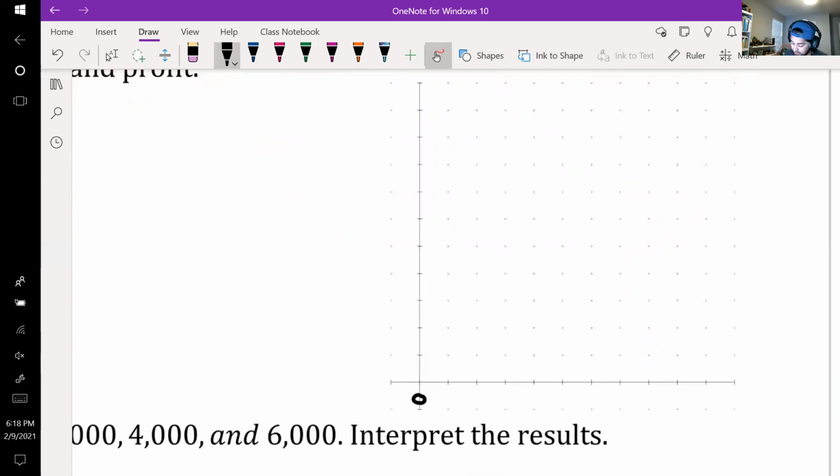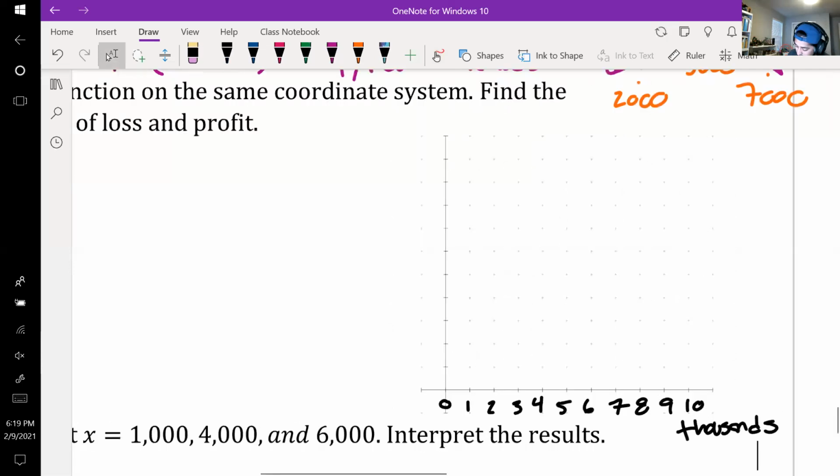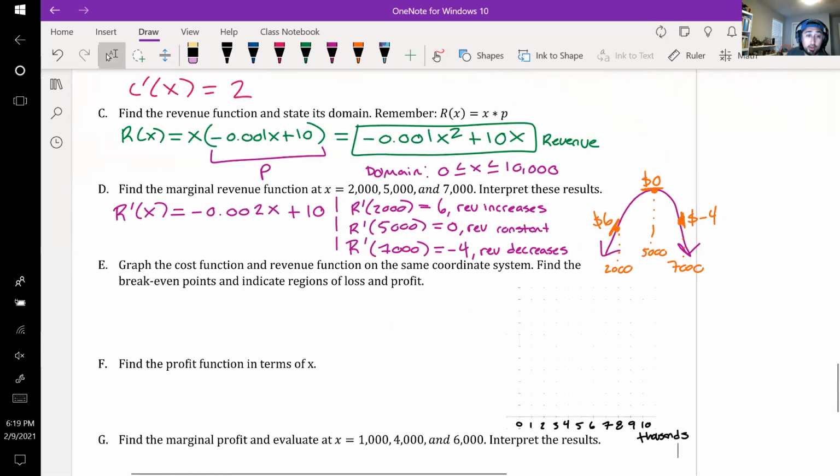Let's just do it by 1,000s, right? So this will be 1, 2, 3, 4, 5, 6, 7, 8, 9, 10. And I'm just going to put that this is in the thousands. Okay. And then for the height, we'll get there in a second.